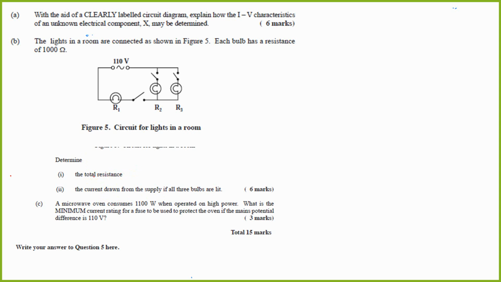Now, do you think you would be able to find the resistance for this question? Sir, for the total resistance, we just add the resistance of all three bulbs together. Why would you do that, or why is that the only way of finding the total resistance?